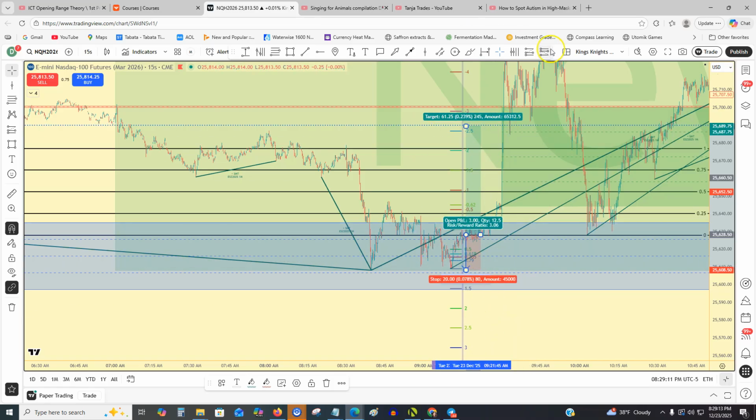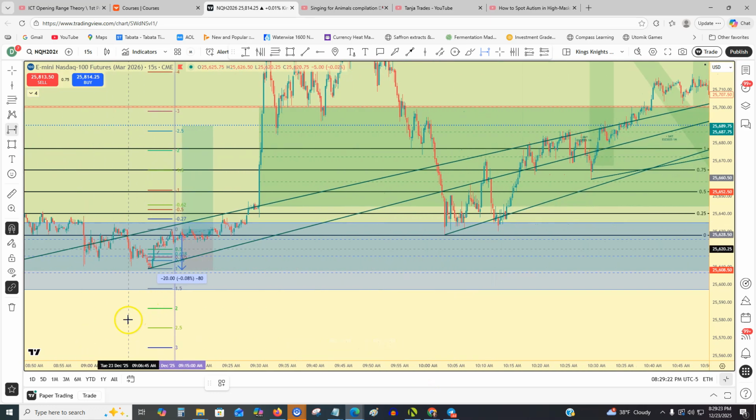All right, I wanted to mark that out. Okay, that would have been here. And then it gapped down, right? So that would have been there, and profit would have occurred at that open.